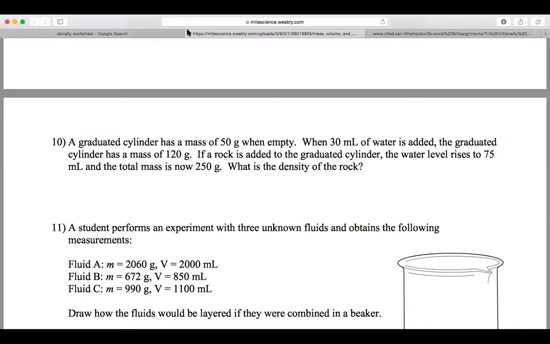Did you all get that, Isabel and Pooja? 130 divided by 45 is 2.89. 2.89 grams per ml.